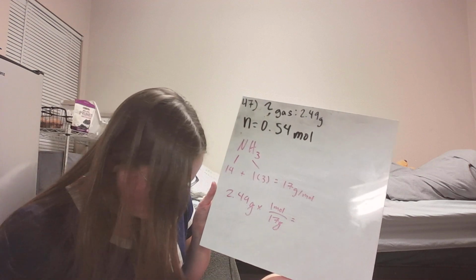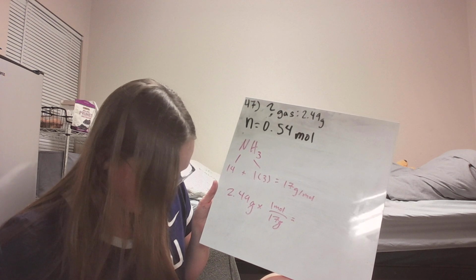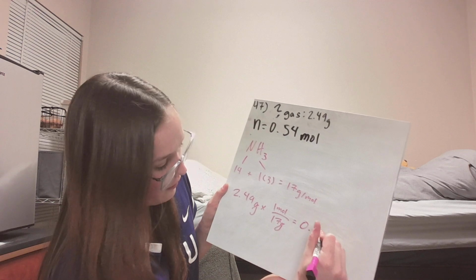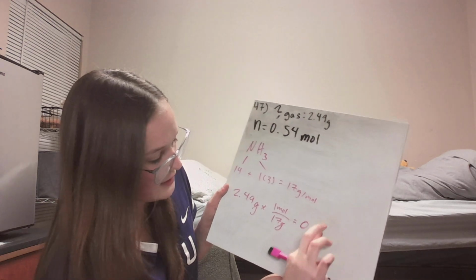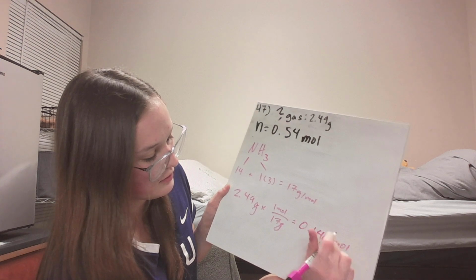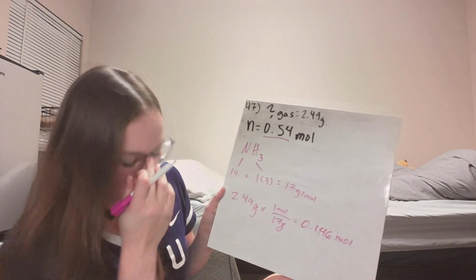equals 2.49 divided by 17 is 0.15, or it's 146. 146 moles. That is way too big. Or we just, oh, this is zero. Shoot, have I had it wrong this entire time?